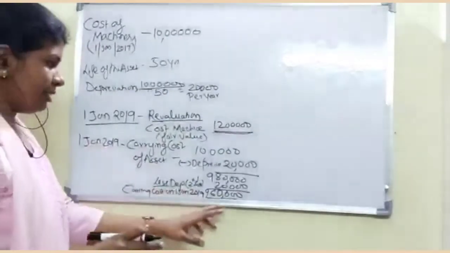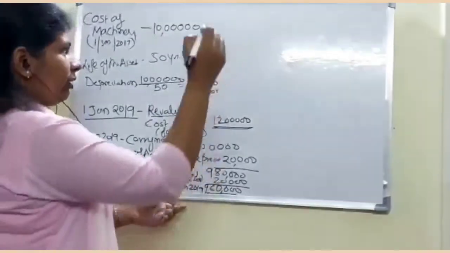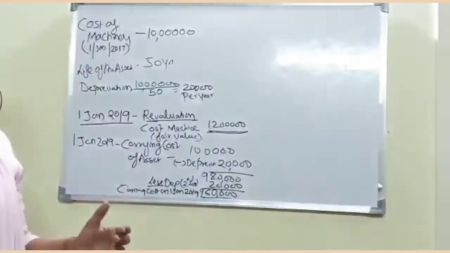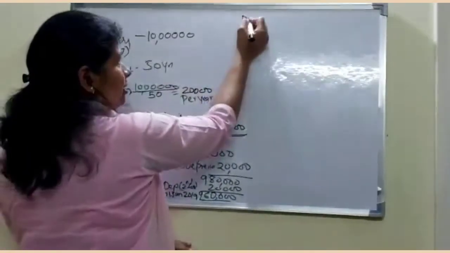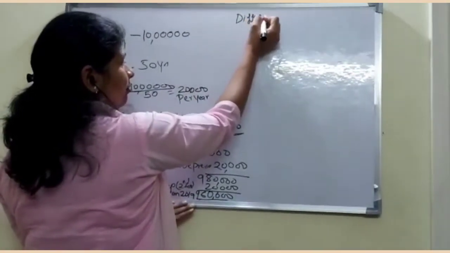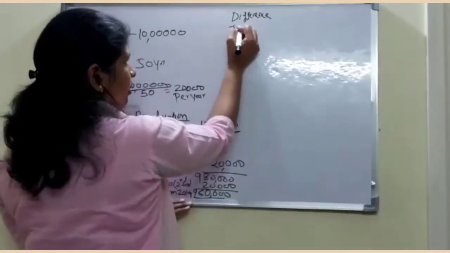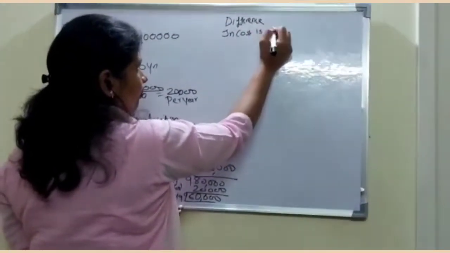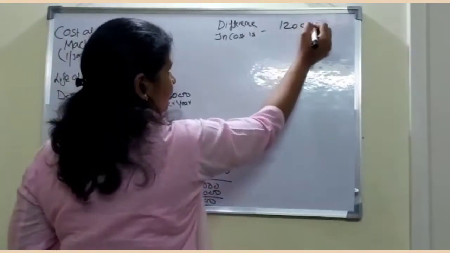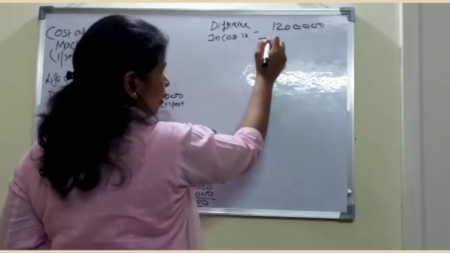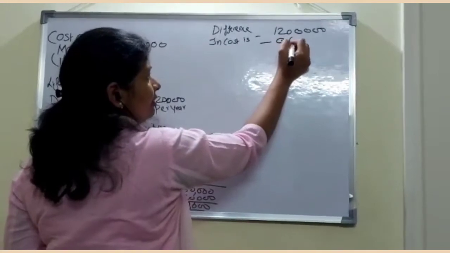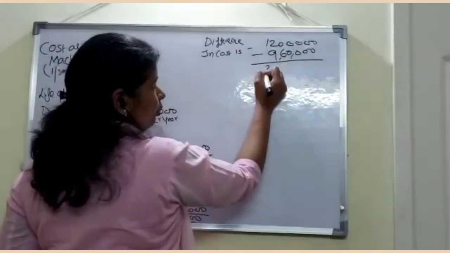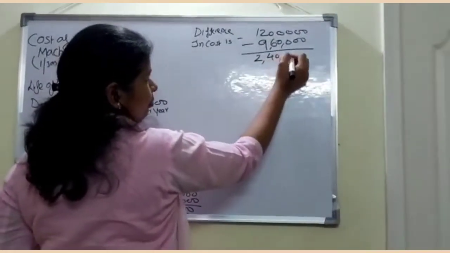So now how to give the effect of the increase in the cost of the asset during the year 2019? First of all, we are going to find out the difference in cost. My difference in cost is 12 lakhs, which is the revalued amount, minus 9,60,000, which comes to 2,40,000 rupees.